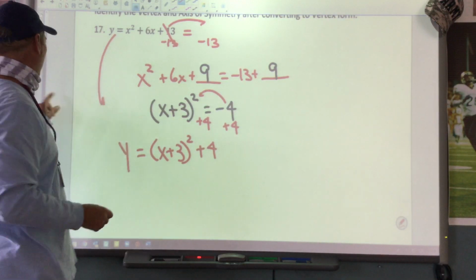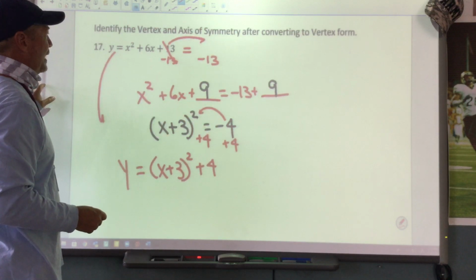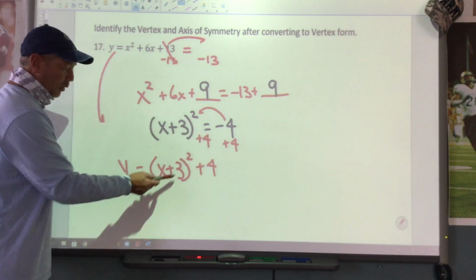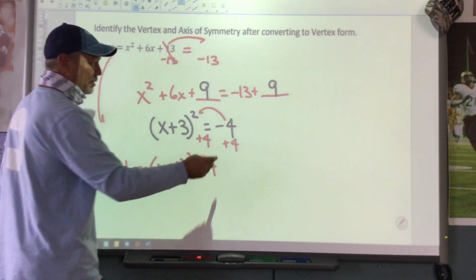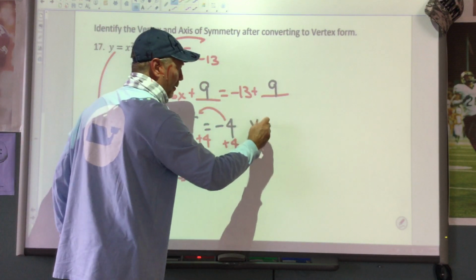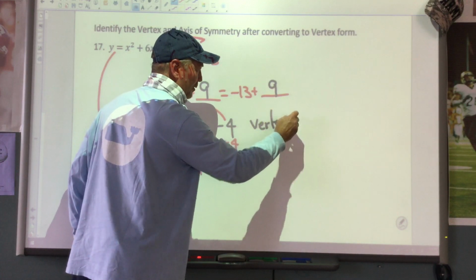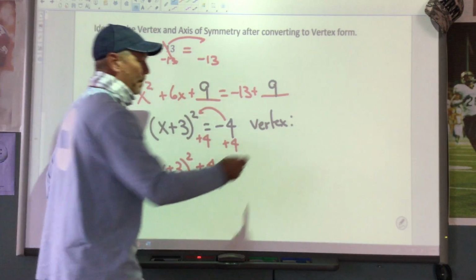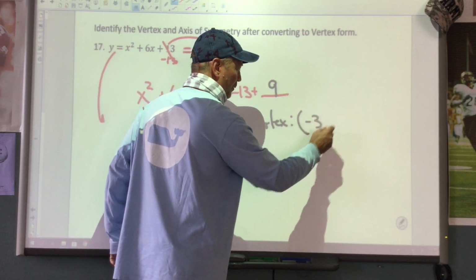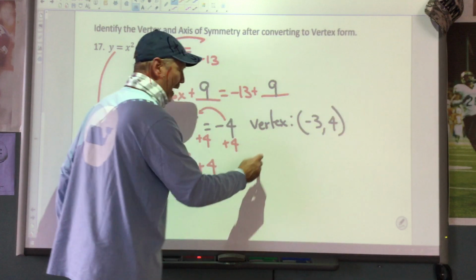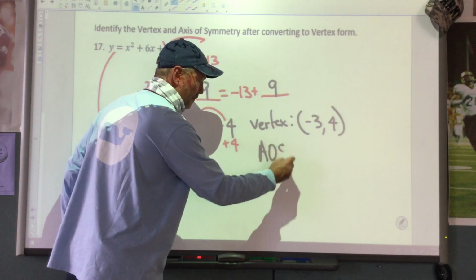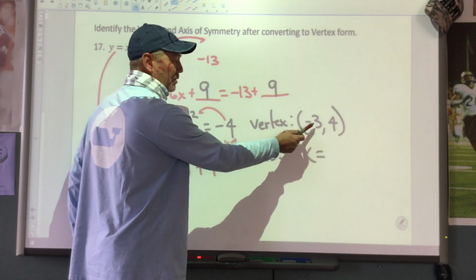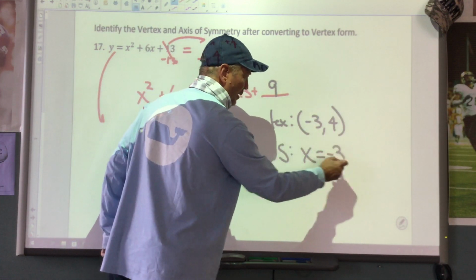And then they asked me to find the vertex and the axis of symmetry. Well, by looking at this, my vertex is going to be negative 3, 4. And so my axis of symmetry is going to be x equals whatever number's in this spot, negative 3.